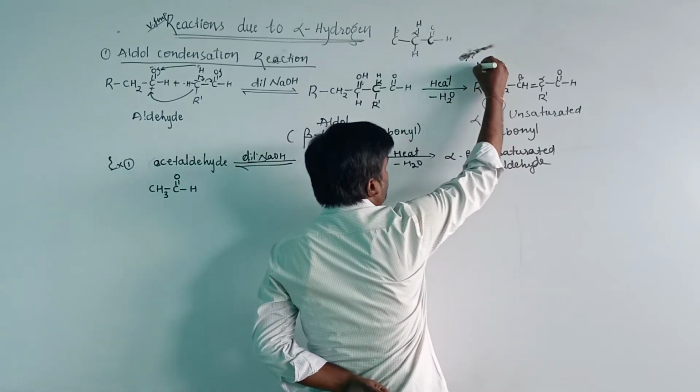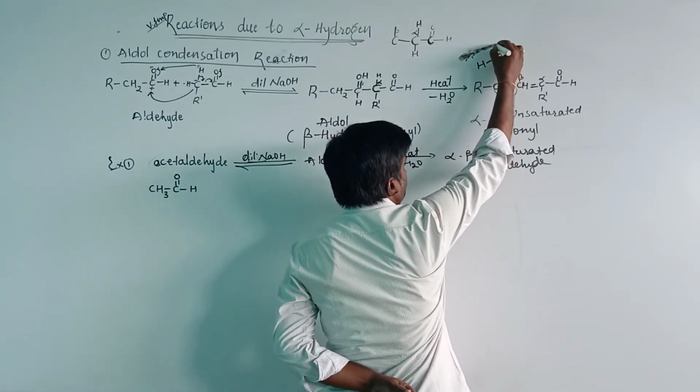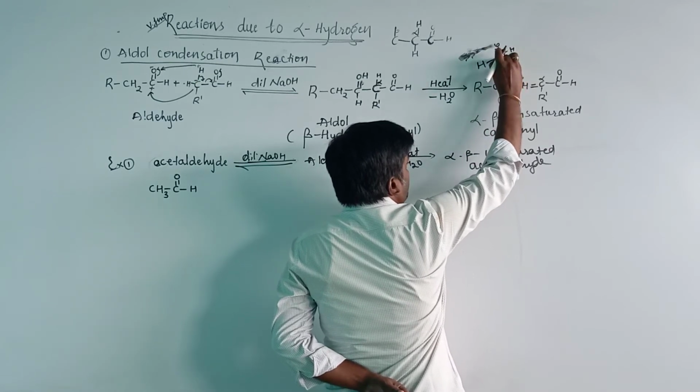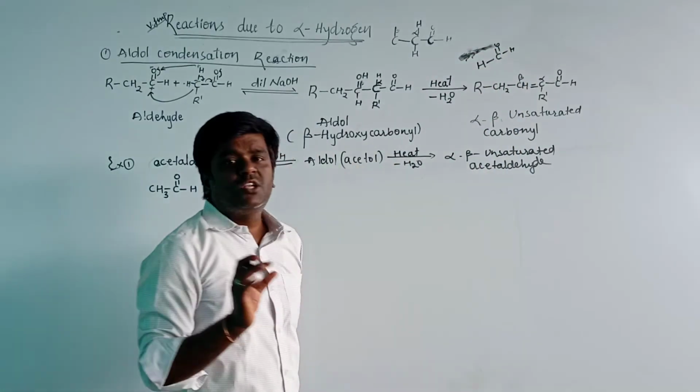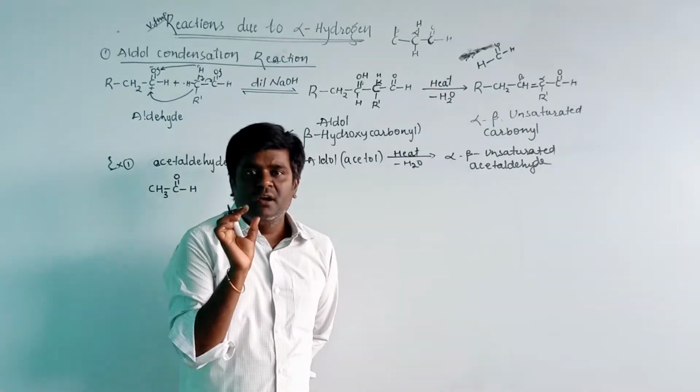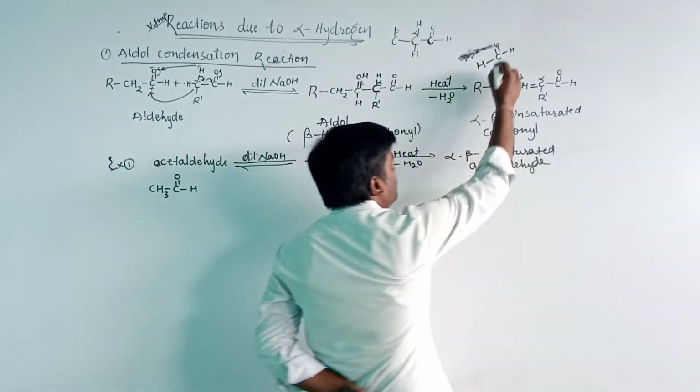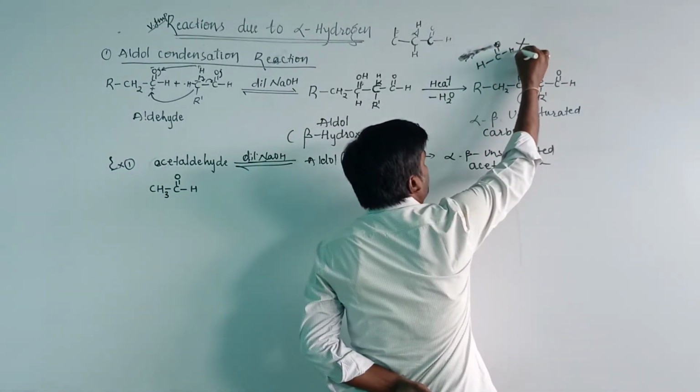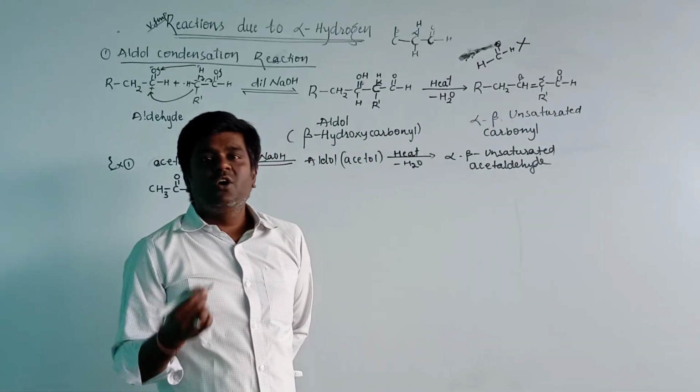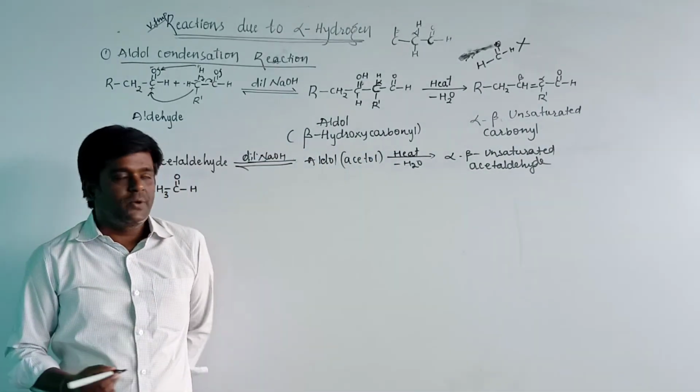Formaldehyde, C double bond OH here. The formaldehyde does not contain an alpha hydrogen atom, therefore formaldehyde will not show the aldol condensation reaction.